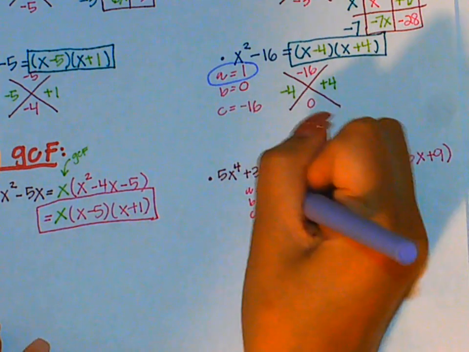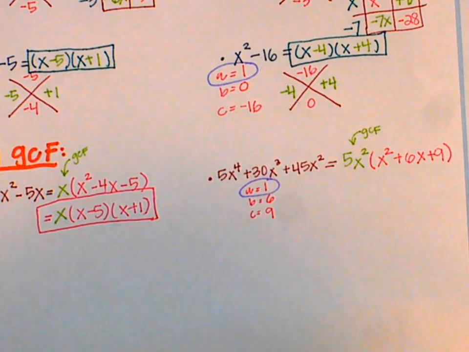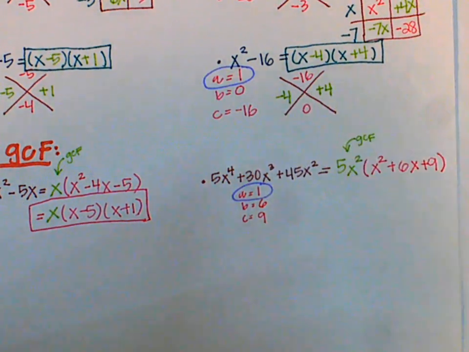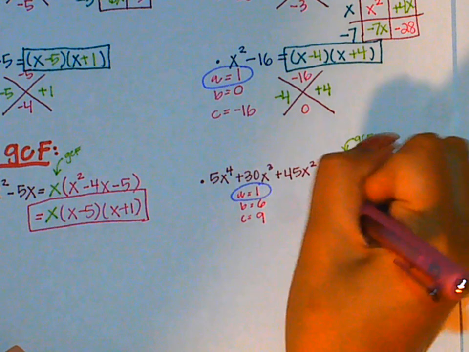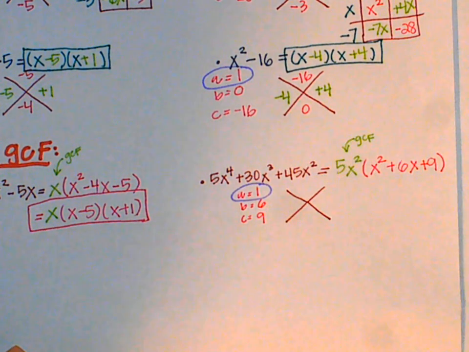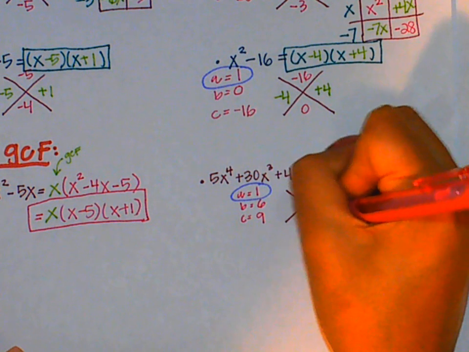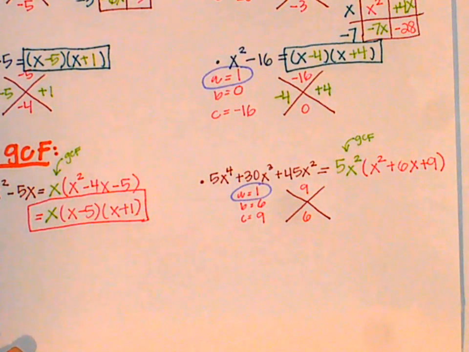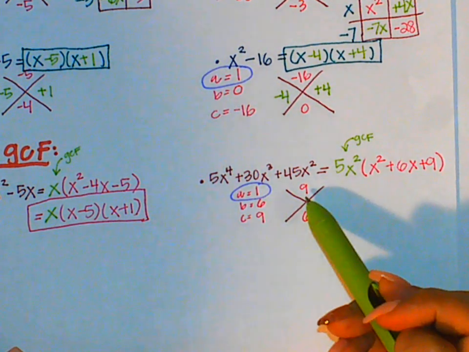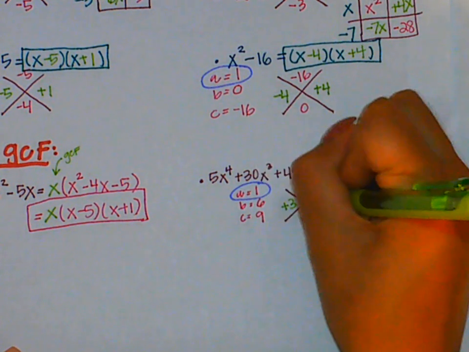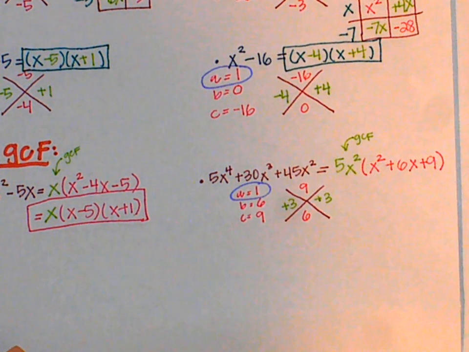Since our A is 1, we only have to do the X part to find those two numbers. So A times C is 9, B is 6. I want two numbers that when you multiply them together gives you 9, but when you add them gives you 6. And it would be positive 3 and positive 3.